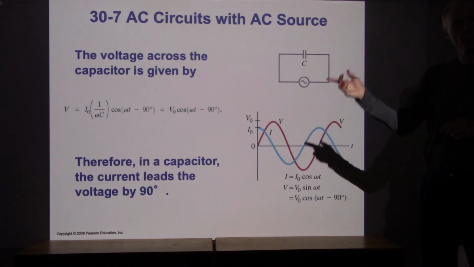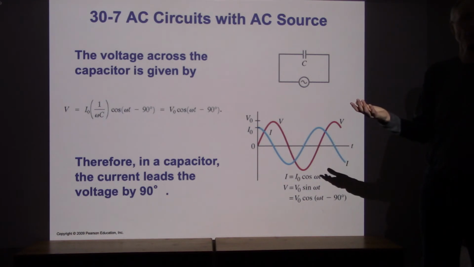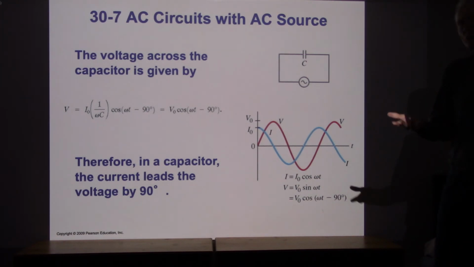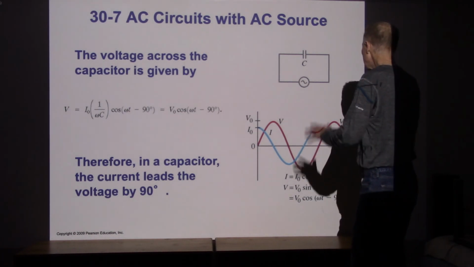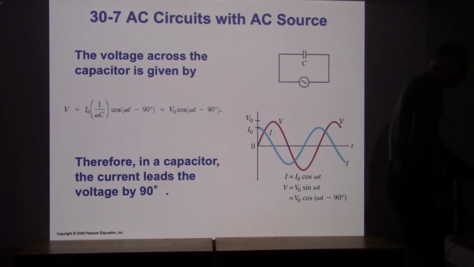The effects from the capacitor and the inductor are going to be 180 degrees out of phase, and they're going to tend to cancel each other out, which is kind of an interesting effect with AC-driven circuits. Okay, so we got the graph, we've looked at the voltages.